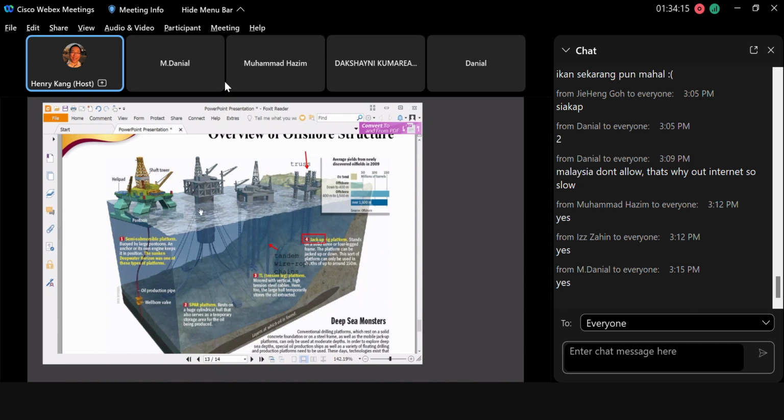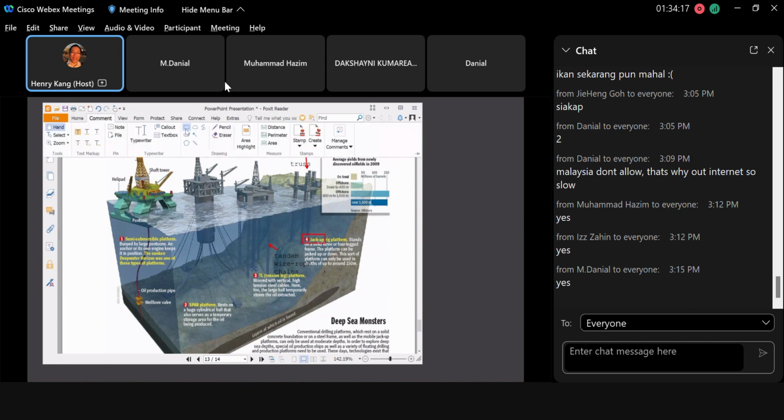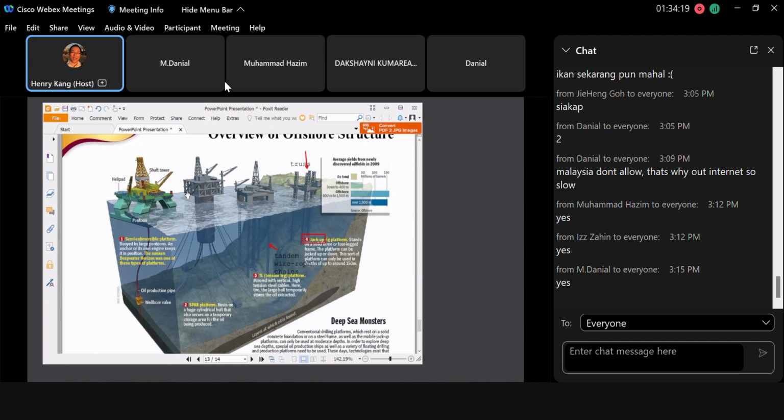From the hydrodynamic point of view, the SPAR is in the so-called neutral buoyancy. That means if I lose my mooring, the tube, or the major column, will still be maintained upright.